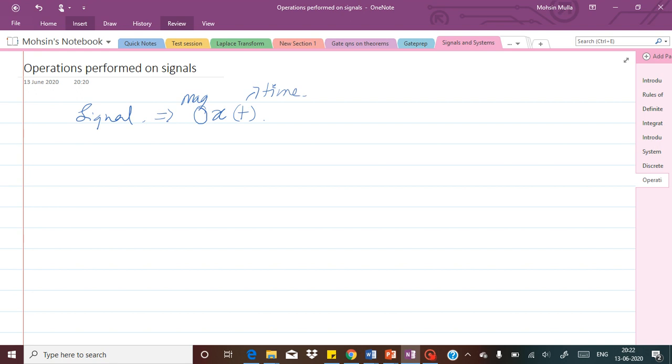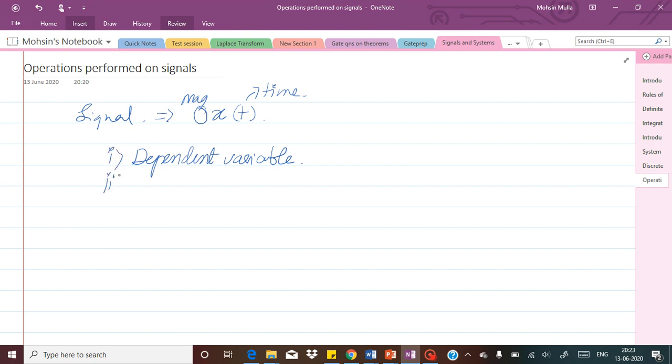The magnitude of the signal at a particular instant is called the dependent variable, and the time variable is called the independent variable.